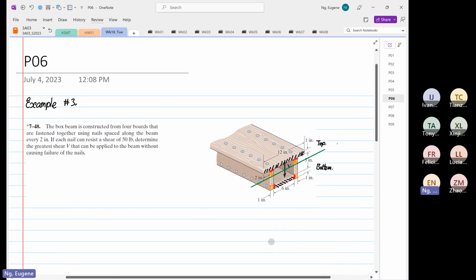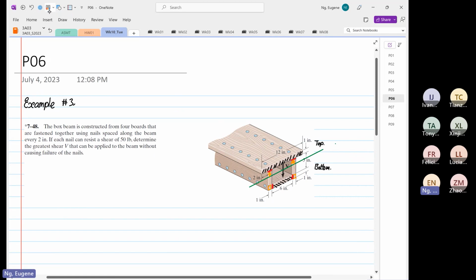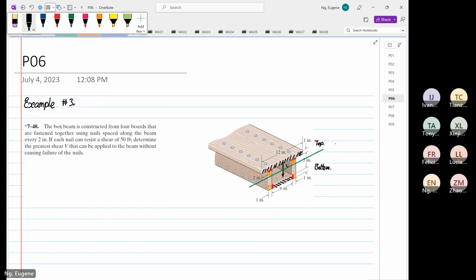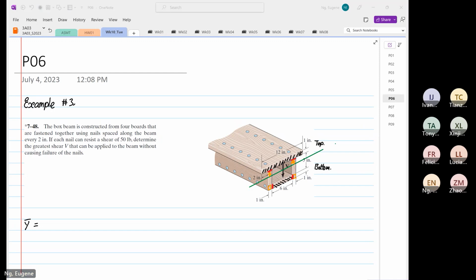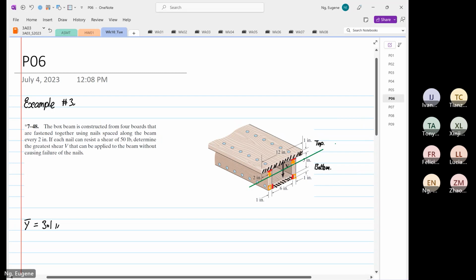So before I go on, we want to look at the y value, not the first moment of area, the so-called centroid position. So the centroid position is 3.1 inch from top.